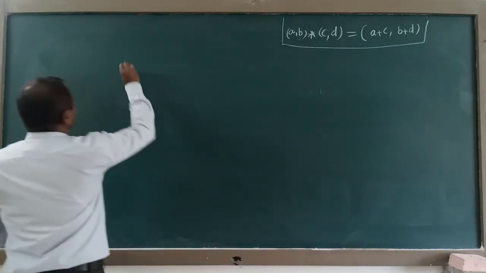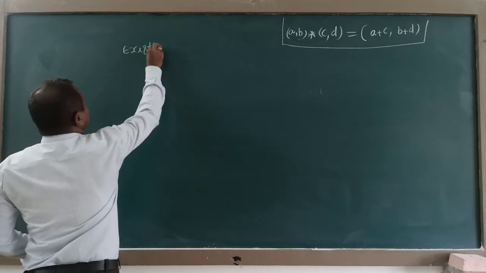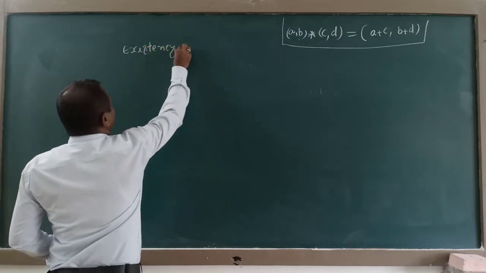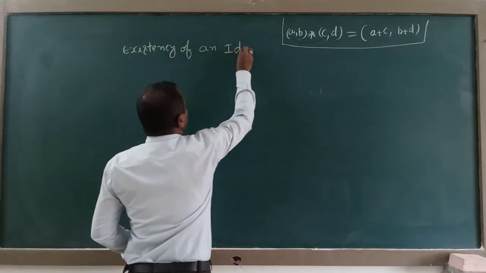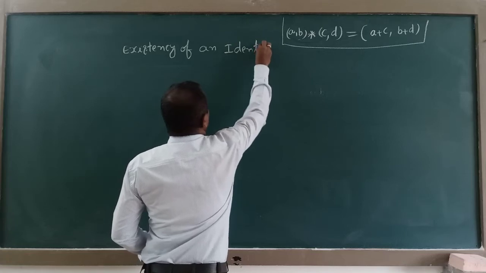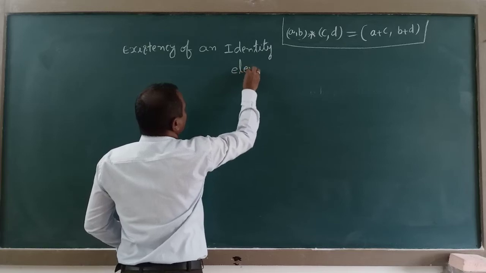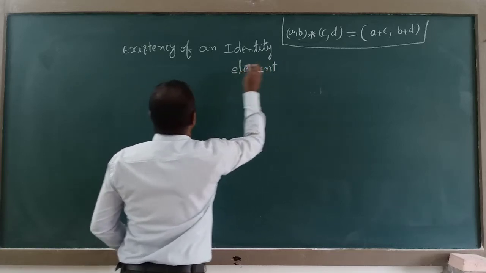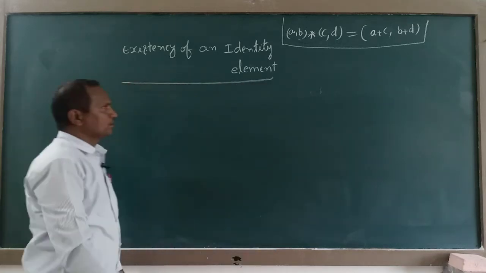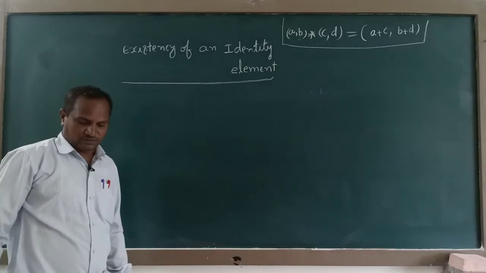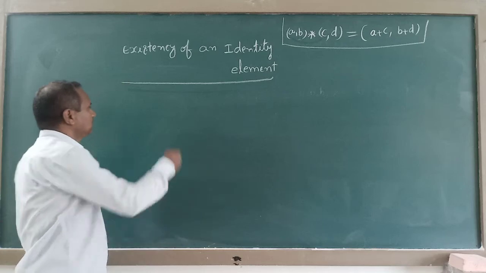Existence of an identity element. First, we should write the definition. The same way, we have to apply the definition to the ordered pairs here, like this.